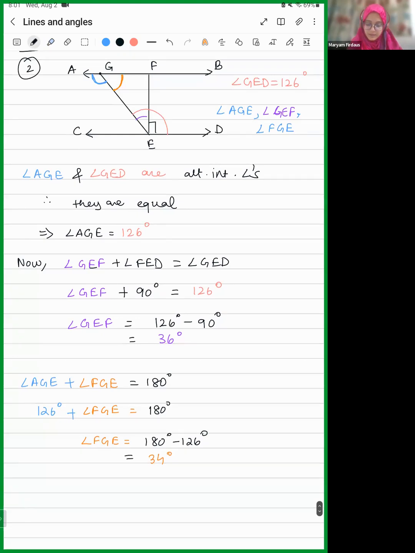Let me just write the reasons over here also. Linear pair. And yeah, that's it. Fine, so we are moving forward now.